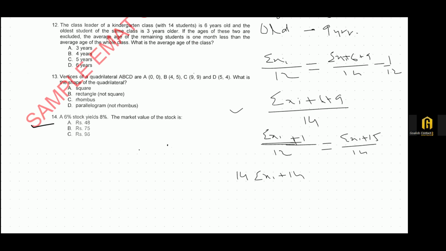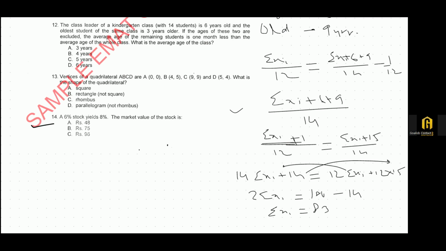We bring this on the LHS, so that gives us 2 times summation of x's is equal to 15 multiplied by 12, which is 180, minus 14. So summation of x's is equal to 166 divided by 2, which is 83.